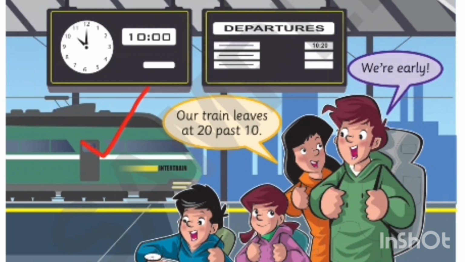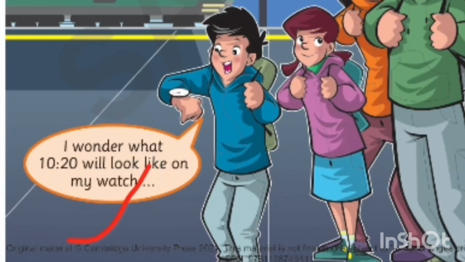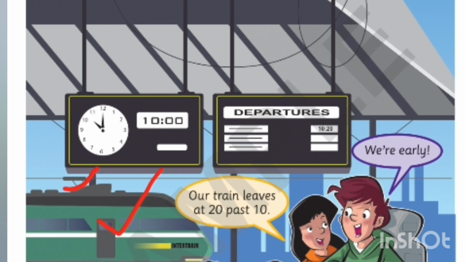Our train leaves at 20 past 10. Now read this one. I wonder what 10:20 will look like on my watch. If we are looking at the analog clock, how the 10:20 will be there, and if we are looking at the digital clock, it will be easy, just 10:20 like this.